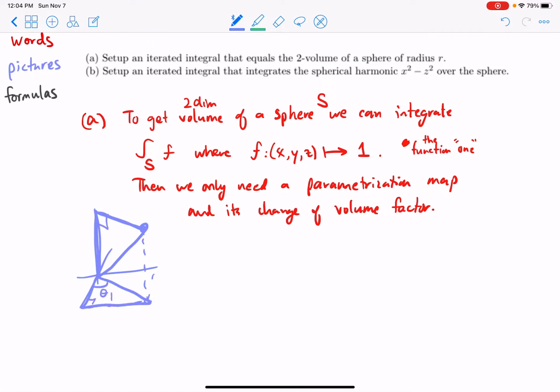Let's call this theta 1, and let's call this angle theta 2. So I'm going to redraw. Here's theta 2. And what do I have? So if this is radius r, we have a sphere of radius r. So then the hypotenuse is r, and this is r sine theta 2, and this is r cos theta 2.